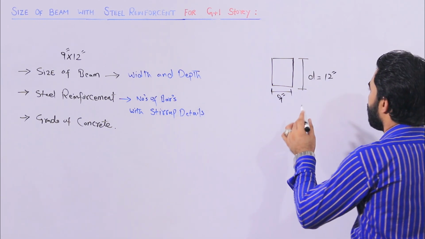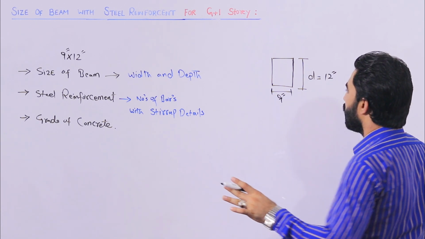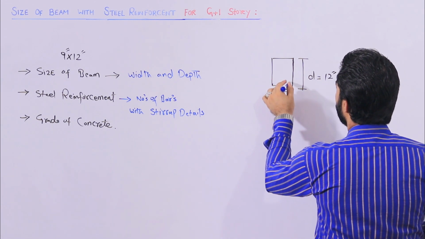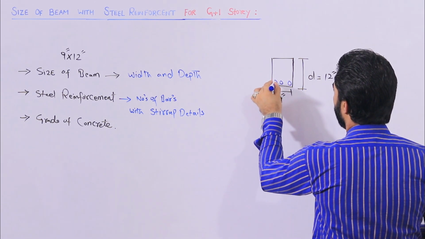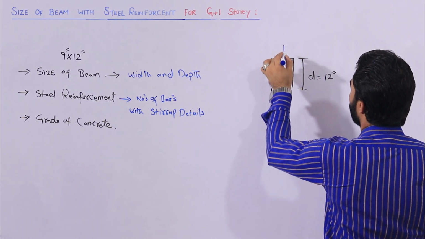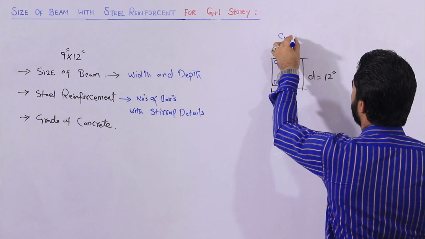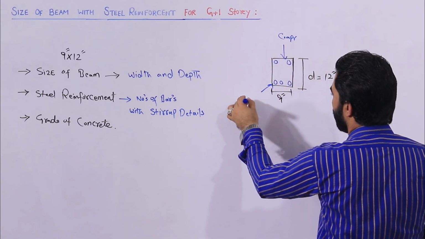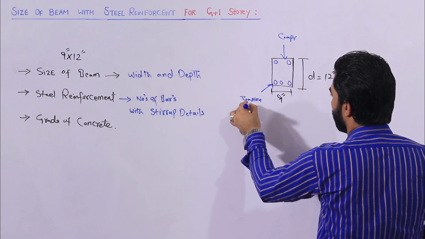In the bottom and also in the top, you can provide 3 steel rods at the bottom and 2 at the top. As you know, the top portion is called the compression zone, and the bottom portion is called the tension zone.